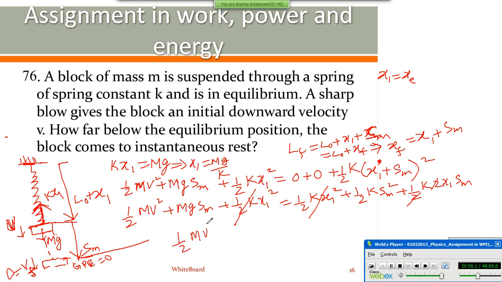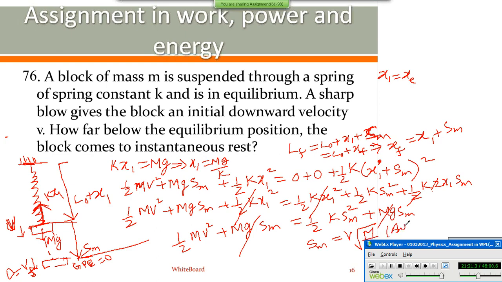So half mv square plus mg Sm plus half k Sm square equals mg Sm. Here I substitute k x1 equal to mg, and mg Sm gets cancelled. So you get Sm equal to v into root of m by k. Sm represents the maximum displacement of the block below the equilibrium position.